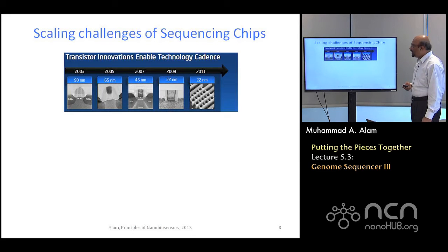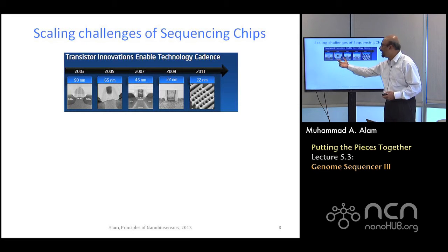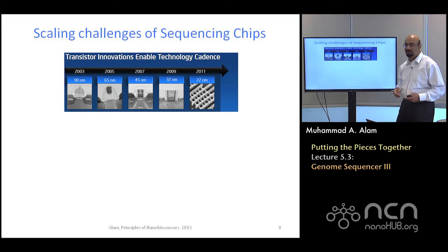Finally, let me tell you a little bit about the scaling challenges, if you wanted to make this much, much smaller. Remember, every technology, starting from 90 nanometer, then 22 nanometer technologies, people are talking about 10 nanometer technologies. So the transistors are getting smaller. Does it mean the genome sequencing machines can get more and more powerful?